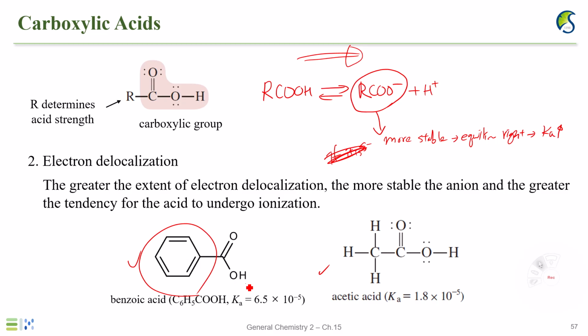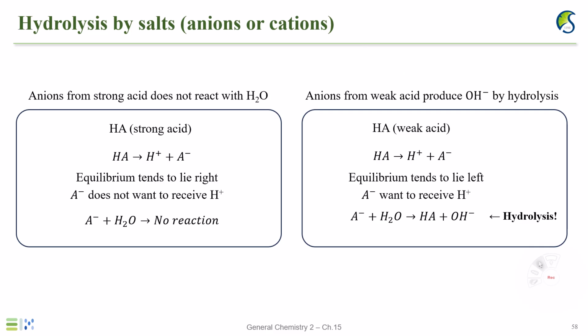So once this H is detached, the anion in this case can become more stabilized, more stable, compared to the CH3, which doesn't have any resonance structure. So the Ka value for this benzoic acid is slightly higher than the Ka value for this acetic acid.